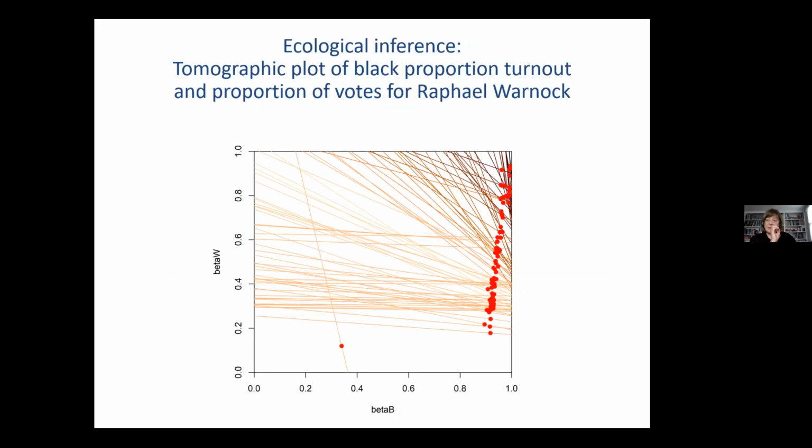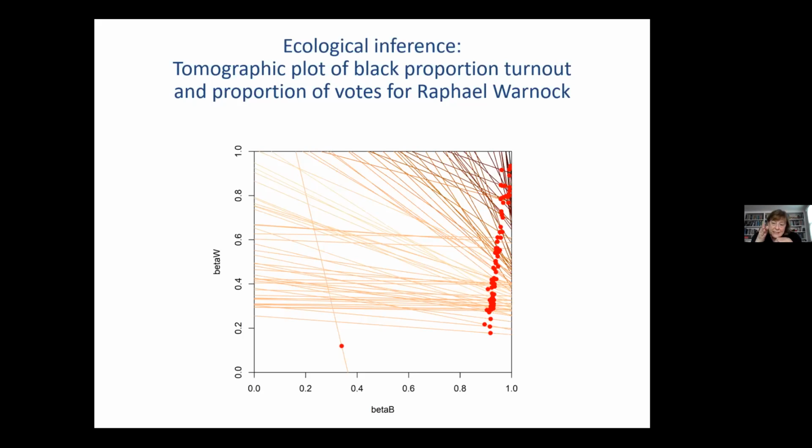So rather than a single point, each line represents a precinct, and it represents all the possible values that the percentage Black could be, given what we know the percentage Black of the precinct is and what we know about the votes for the particular candidate. So each of these lines represents everything that's possible given the values that we know.